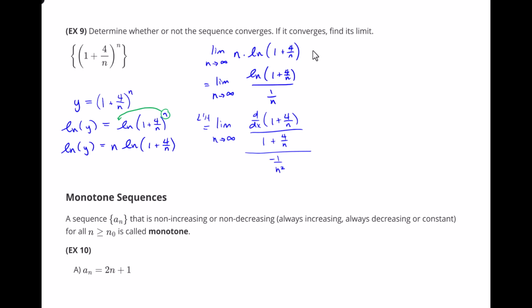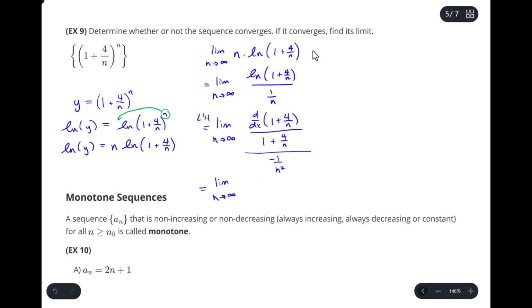Now, the derivative of 1 plus 4 over n is actually pretty similar to that. So what I'm going to do is rearrange some terms here, just try and simplify as much as I can. Alright, so the derivative of 1 plus 4 over n, similar to what we did in the denominator, is going to be negative 4 over n squared.